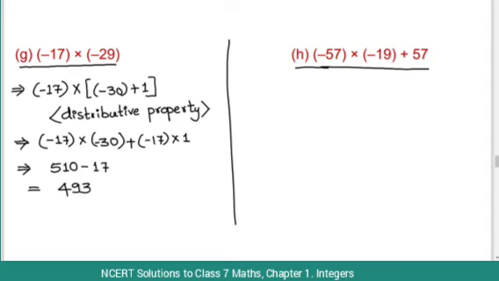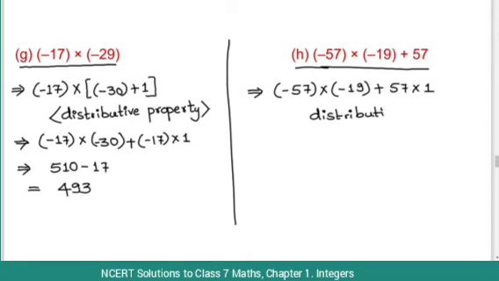H, minus 57 into minus 19 plus 57. It can be written as minus 57 into 19 plus 57 into 1. So here which property I am going to use? Distributive property.